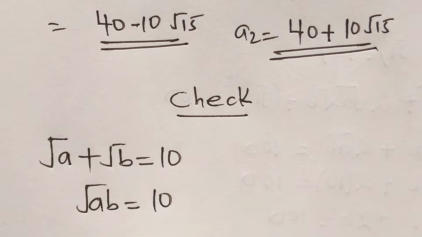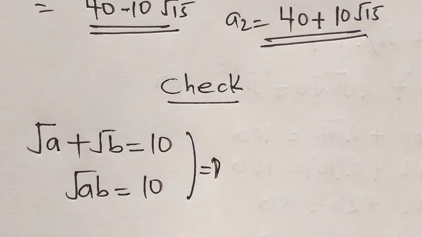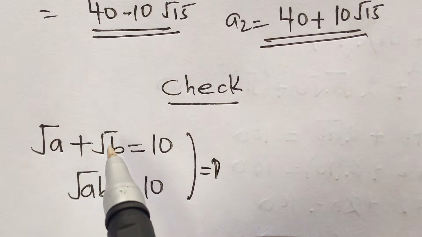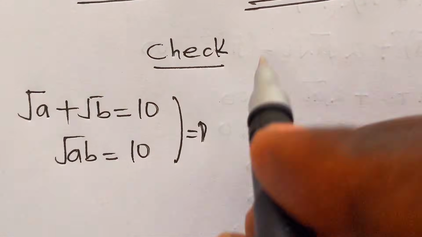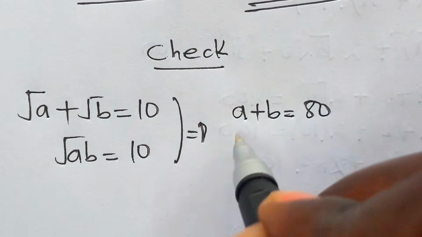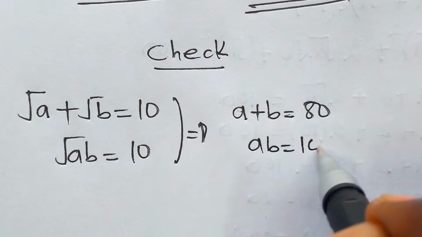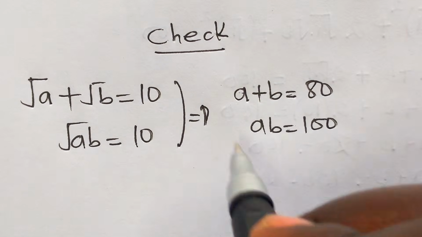And this question has been transformed into the question a plus b equals 80 and ab equals 100. Right, then this is what we have right here.